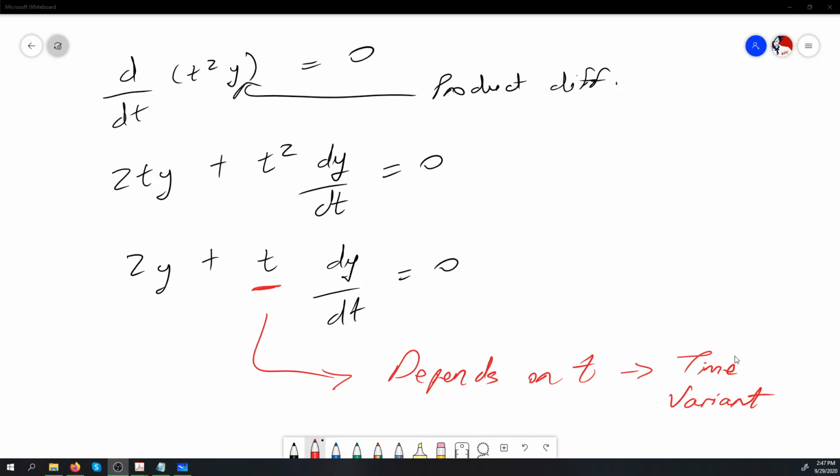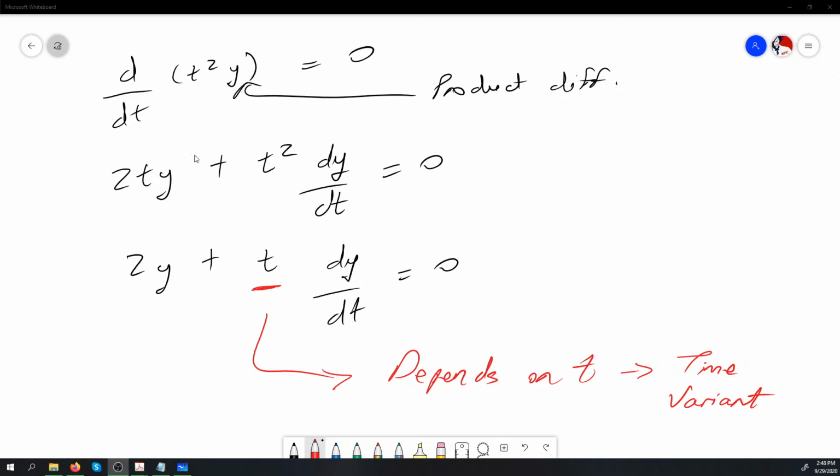Once you have that t component inside the equation, and you're unable to get rid of it, that means the entire equation is going to be time variant. So that will be covering it for part B accordingly.